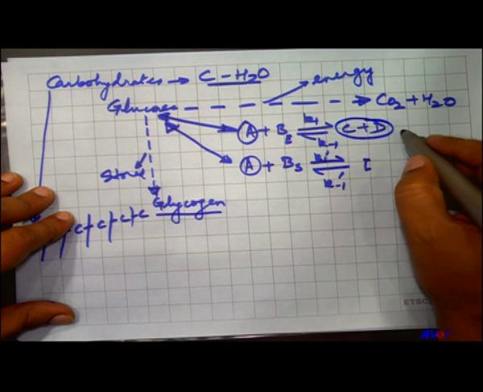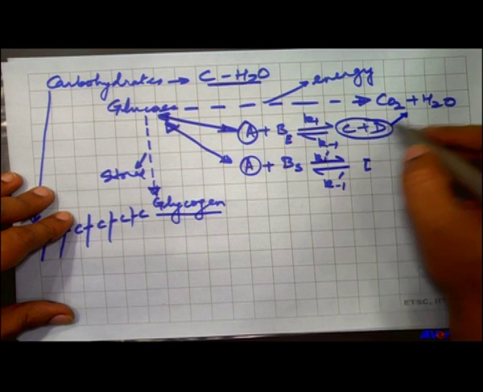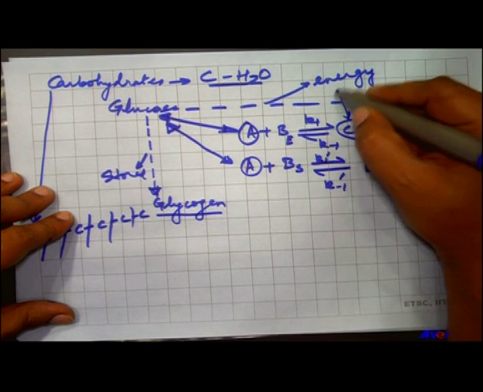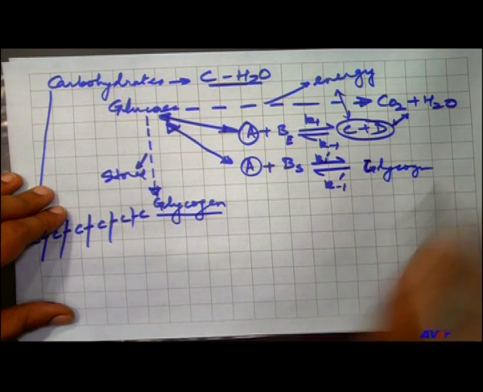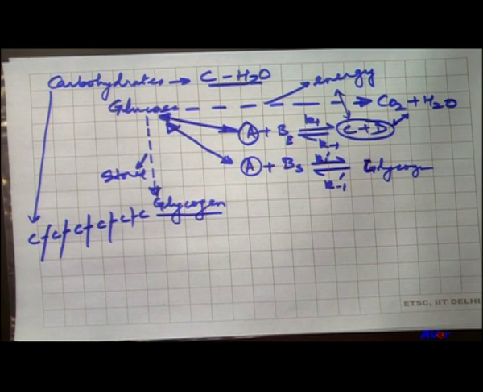C and D here are CO2, H2O and energy, they represent these, and here you have let us say glycogen at some point of time. There are several steps which are taking place, I am giving you a shortcut understanding of the concept here.